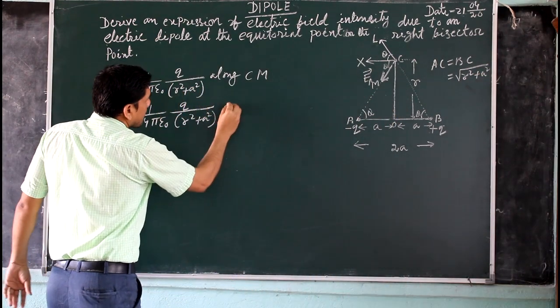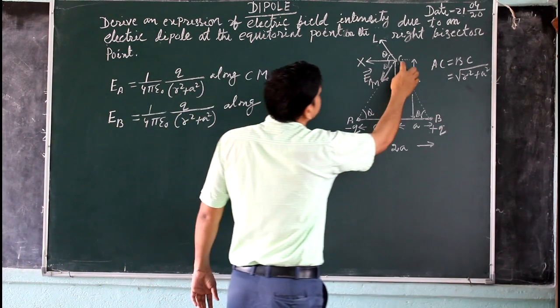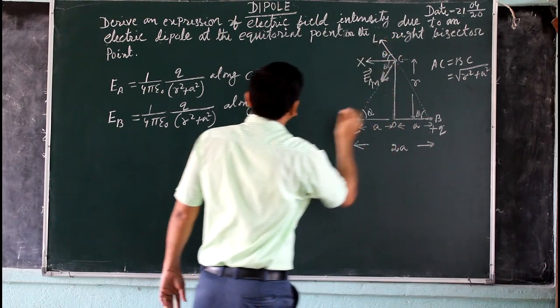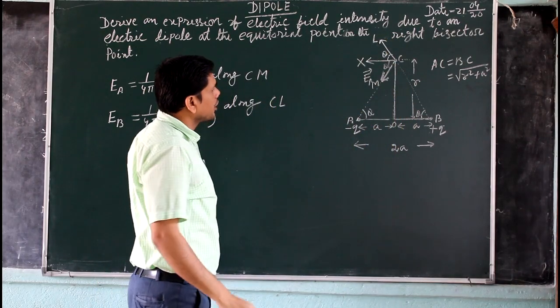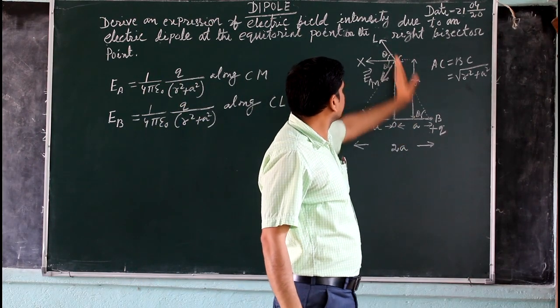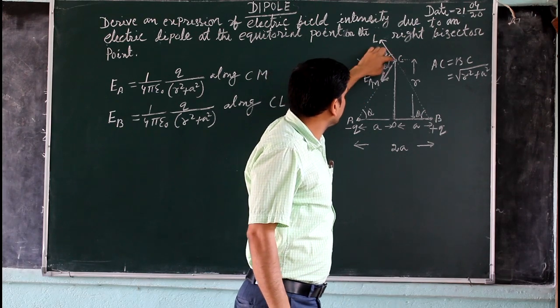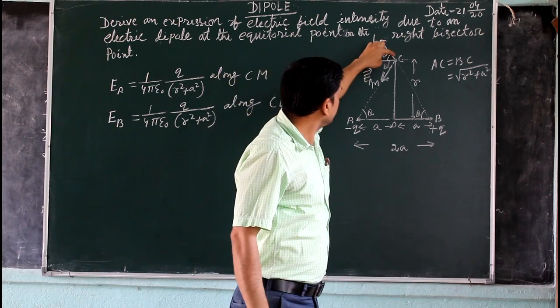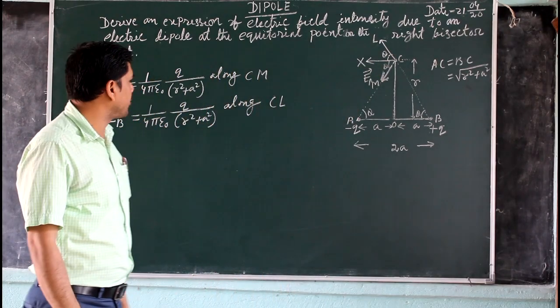It is along CL, because it is a repulsive force, so it acts along this direction, while the minus charge produces an attractive force, so the direction of that electric field is along CM or CA.